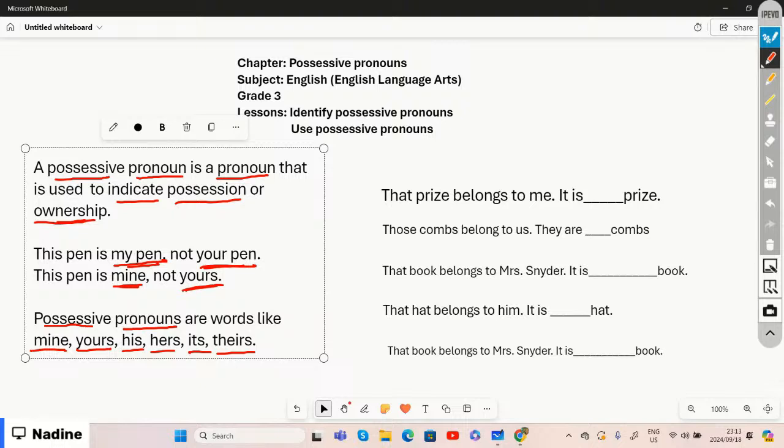So my pen is mine, not your pen, meaning not yours. And we say that the most common possessive pronouns are mine, yours, his, hers, its, and theirs. So now we're going to use these words: mine, yours, his, hers, its, and theirs.